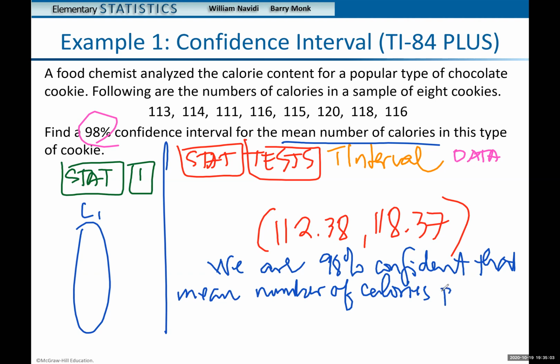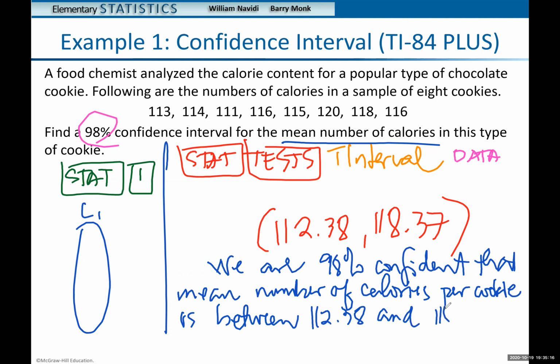The mean is between 112.38 and 118.37. Any questions?